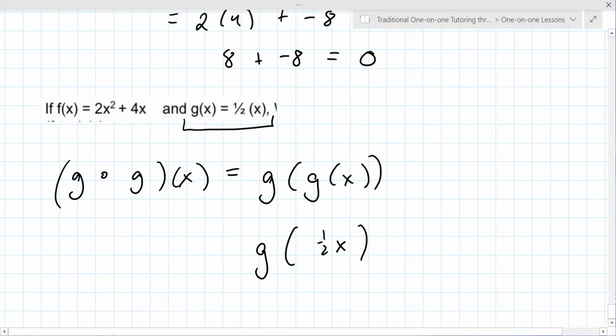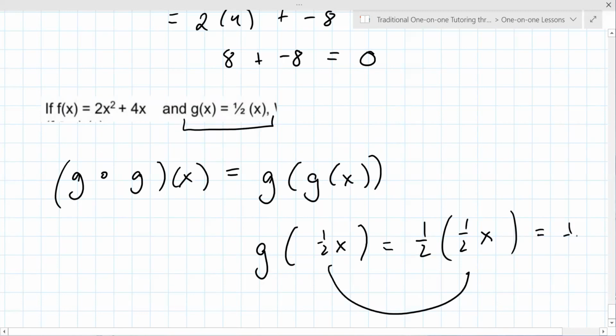Instead of g of x here, you put 1/2 x. Now you might think to put the same thing here, but what this means is wherever you see an x, you put in 1/2 x. So this equals 1/4 x, because you take this function and put it back inside for x.